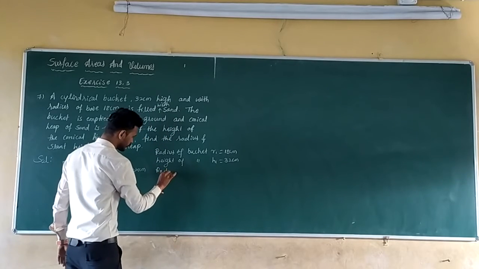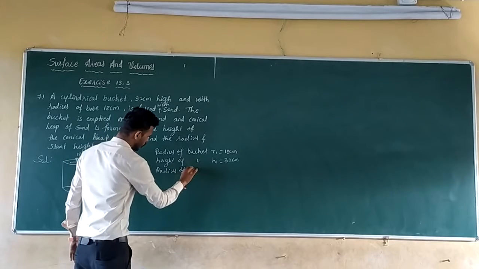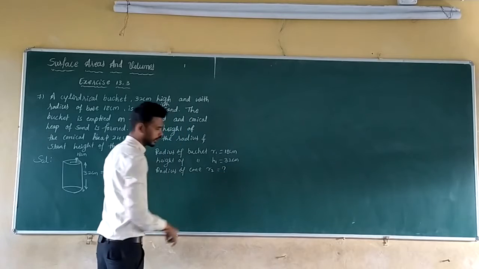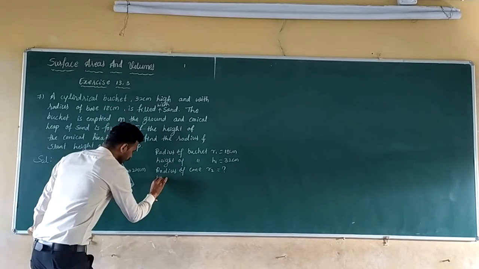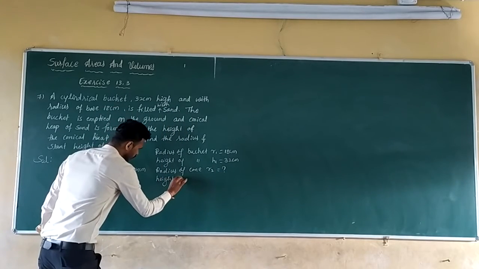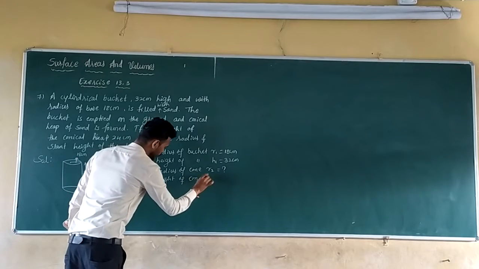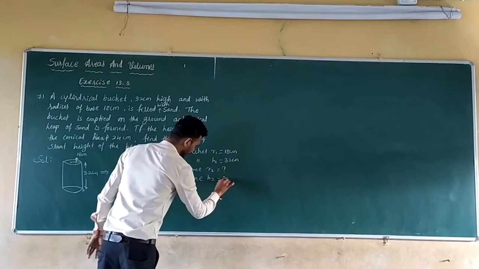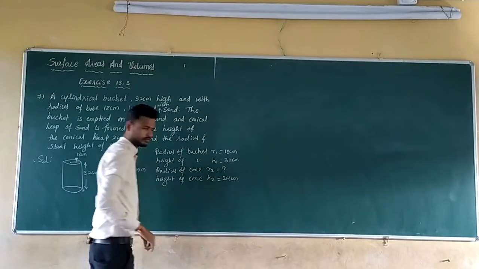And next, radius of cone. Let us represent this as R2. We need to find this. Given height of cone, represent this as H2. How much is given? 24 centimeter.